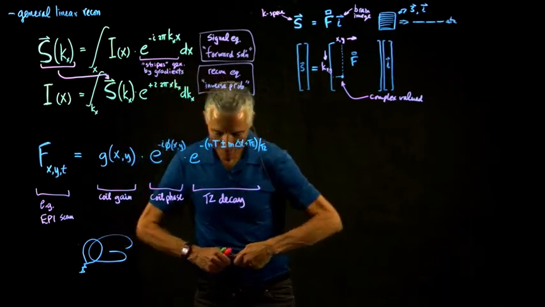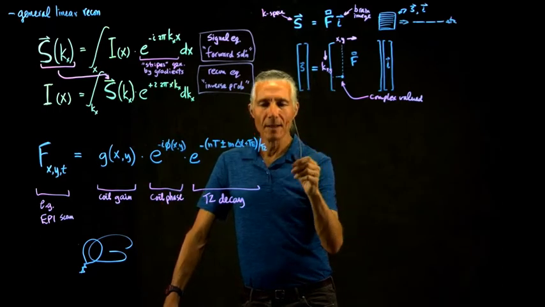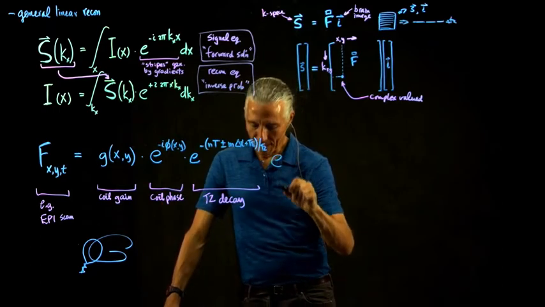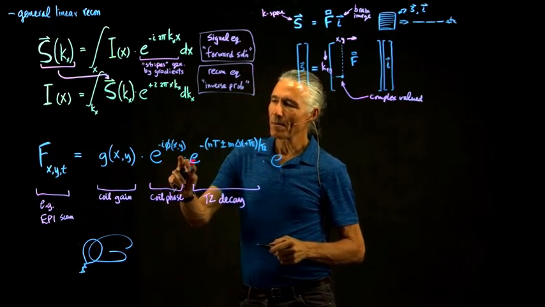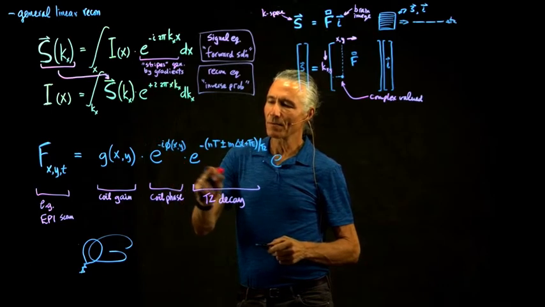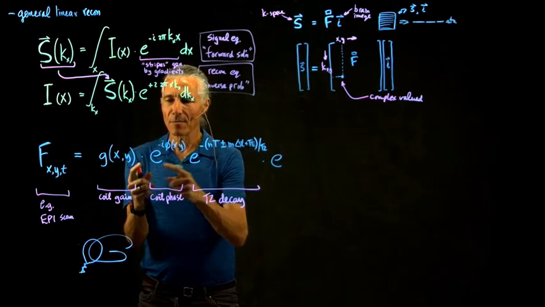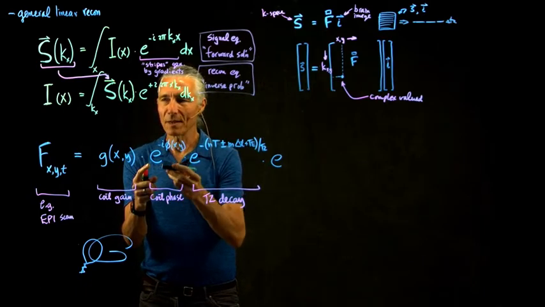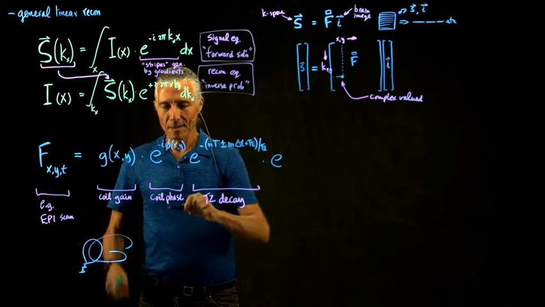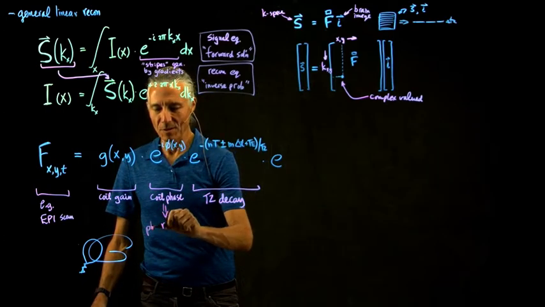Multiply by another E. And then the one I was talking about before, what about the B0 error? So the B0 error is going to be another one. Remember, these are two different things. This guy is a complex number, and when we multiply by a complex number, we're causing a phase rotation.